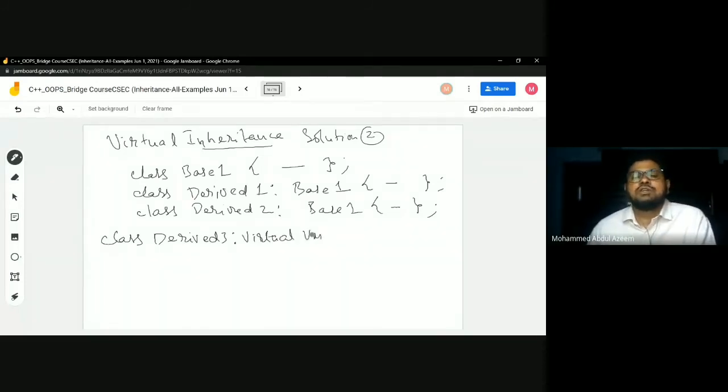If you don't mention it, it is private, right? Comma, again you give the virtual keyword, space, visibility mode, then you have derive one, derive two there, right?